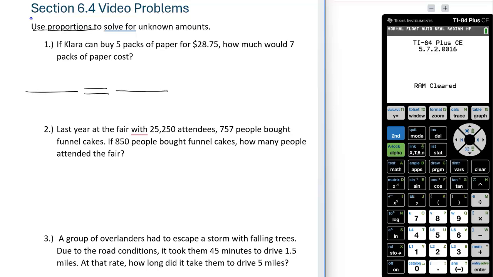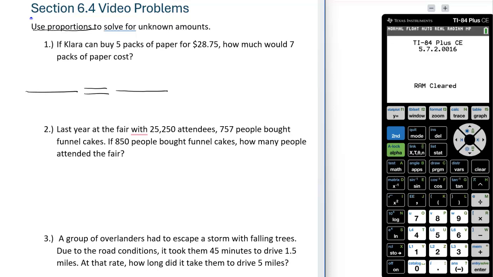Now I need to go set everything up. When you have a proportion that you're using to solve, you're going to have one ratio that has a value in both the numerator and the denominator, and then one that has a missing value, and that's what you're solving for. I look at the units and place them first, and then I put the corresponding values next to them.